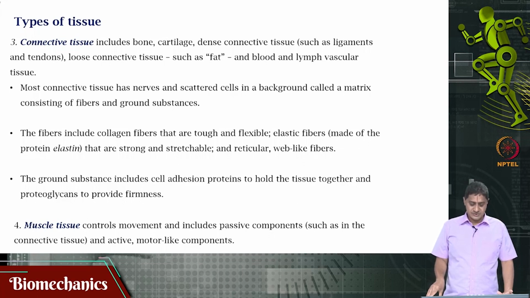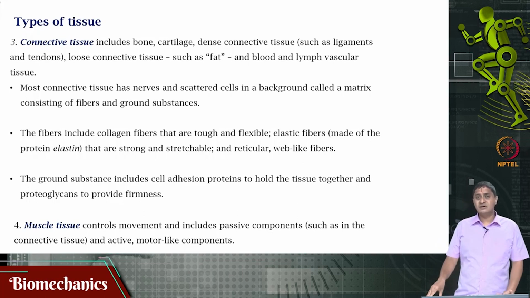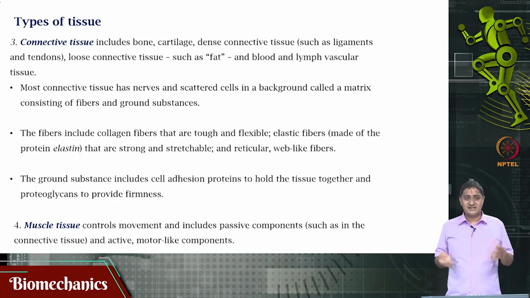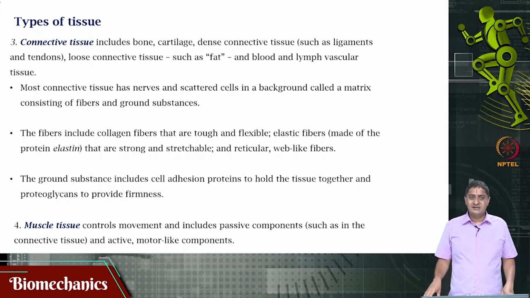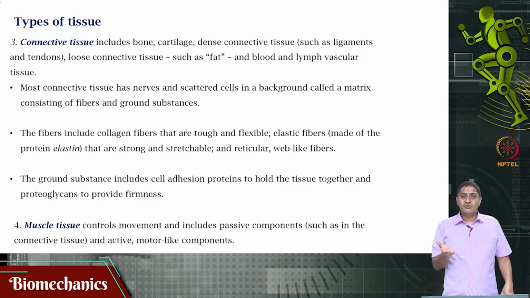Most of the connective tissues have nerves and scattered cells in a background called the matrix. So, there are some substances spread around, and they consist of fibers and some background substances or ground substances. These fibers can be of different types.